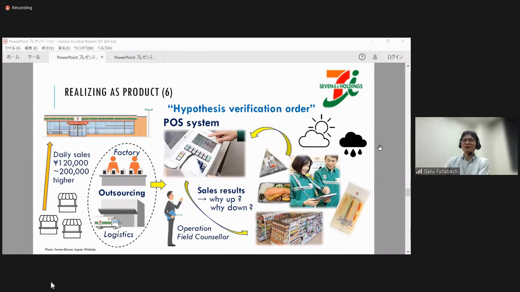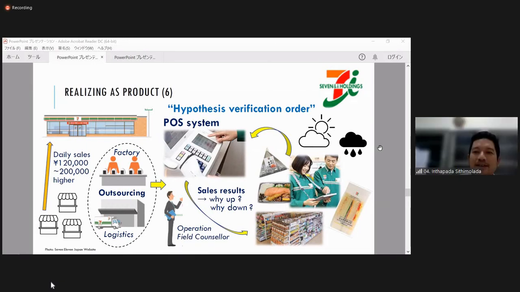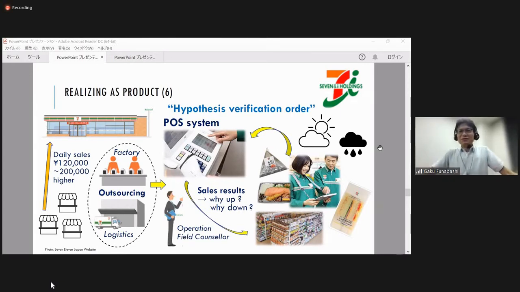They modified it based on the needs of customers in Thailand. Okay. Thank you. So, in the future, if your company wants to operate 7-Eleven in Laos, maybe you can discuss with CP Group in Thailand or Seven & I Holdings in Japan.